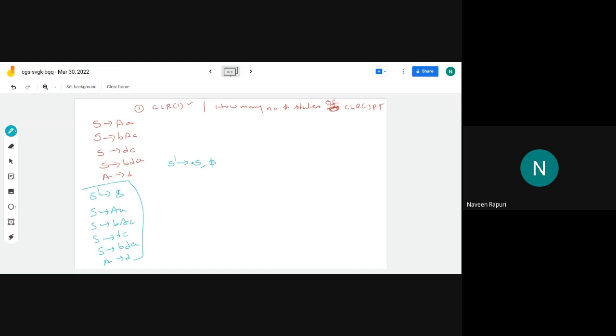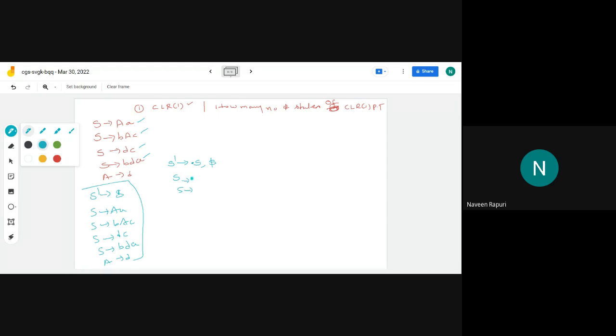Here S is producing these four productions, so we need to add them. I will write in some order so that it is helpful without any confusion.